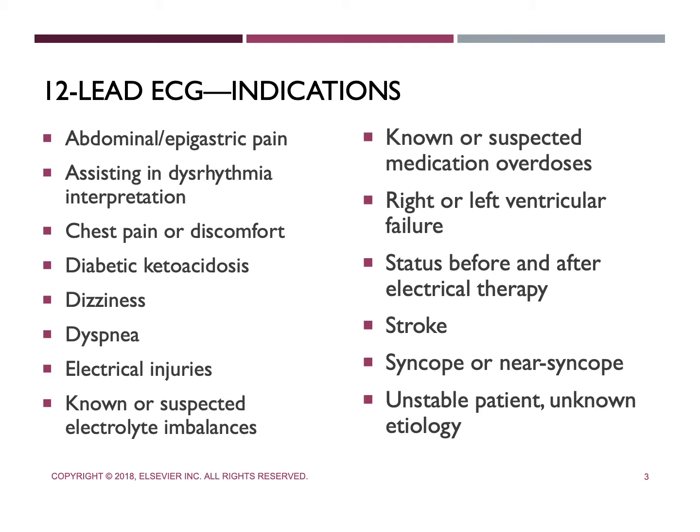So if they're electrocuted, if we have any known or suspected electrolyte imbalances, same thing, any known or suspected medication overdoses, if they have right or left ventricular failure, if we need to know their status before or after electrical therapy, just to check the status of the heart before they go into electrical therapy, and then again after, if they've had a stroke, any syncope or near syncope, and any unstable patient with an unknown etiology, where we don't know what's going on.